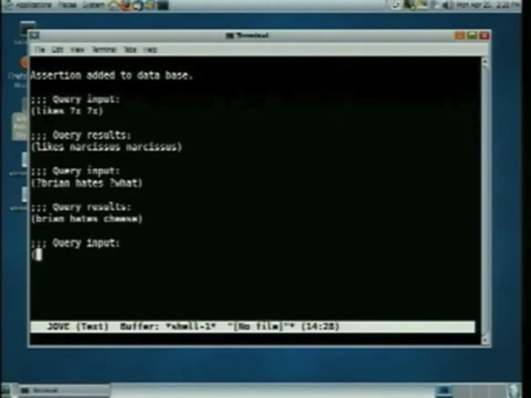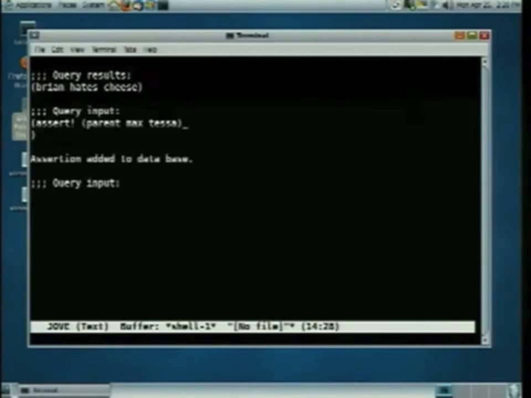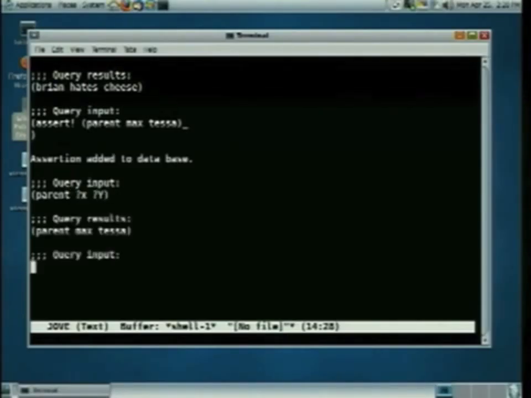So I'm going to put in a little bit of data here. Oops. Did that work? Probably not. Yeah, it did.